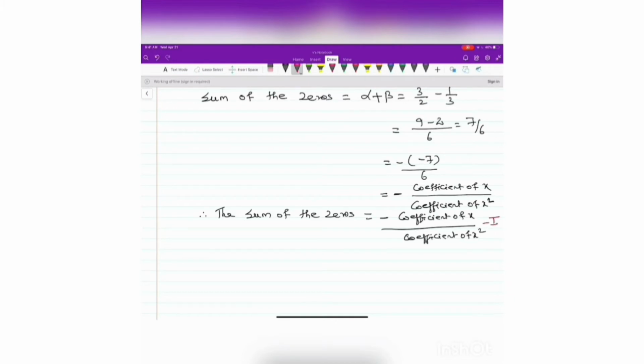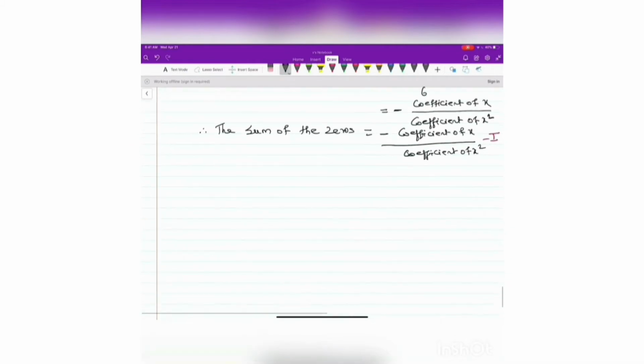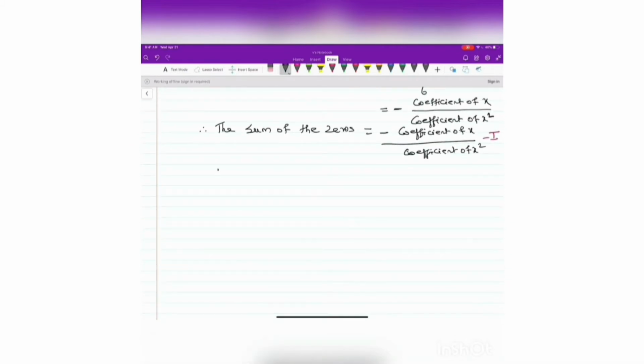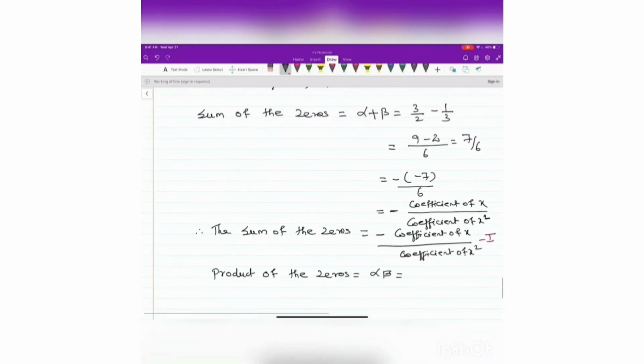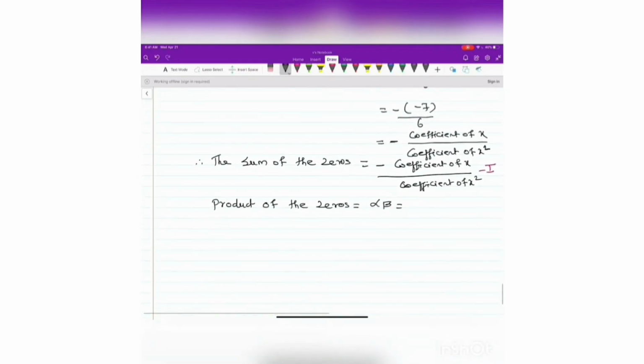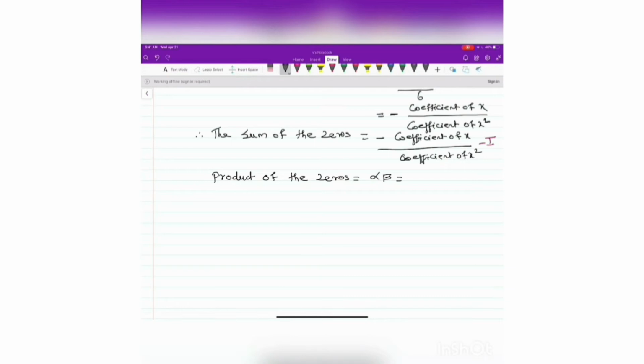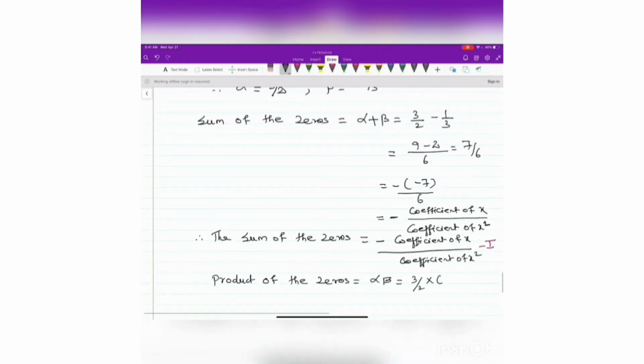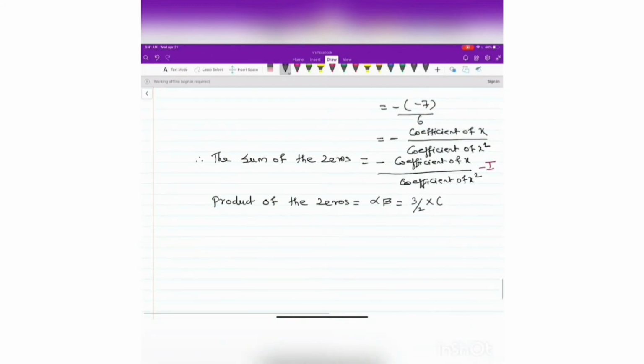Now, what will happen to the product of the zeros? Product of the zeros is equal to alpha beta. We took alpha as 3 by 2 into beta, and beta is minus 1 by 3.